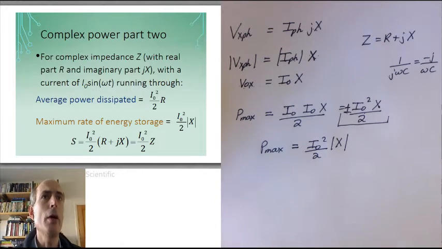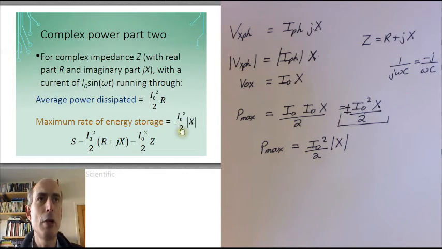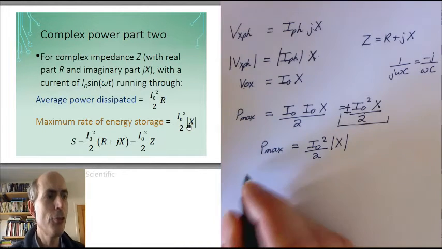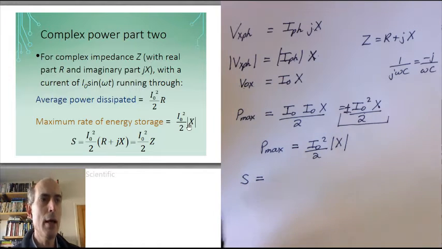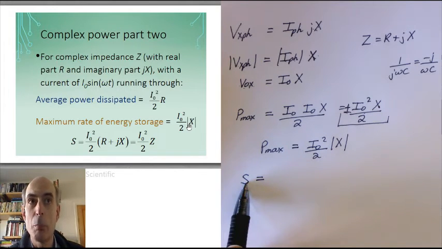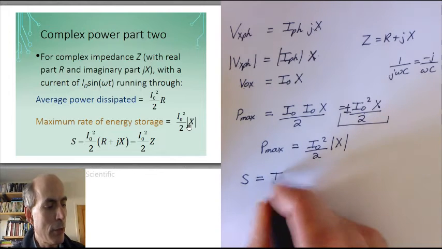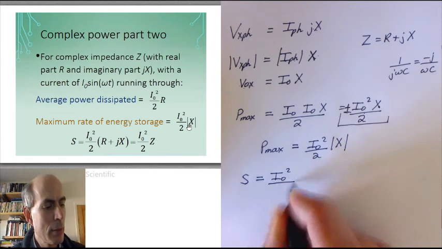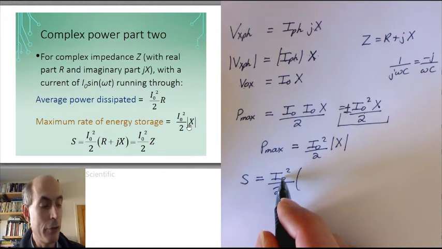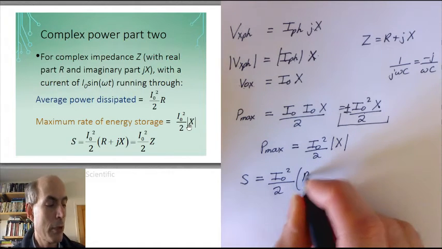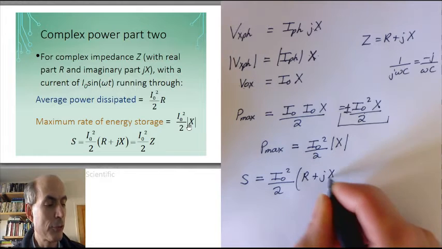Right, so I've now got an expression for the average power dissipated and the maximum rate of energy stored, and you'll see that they look very similar. In fact, consider what would happen if I had some quantity S, which I'll call the complex power, and I defined it as being the square of the amplitude of the current divided by 2 times R plus jX.